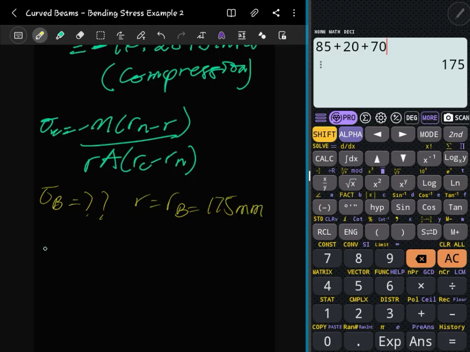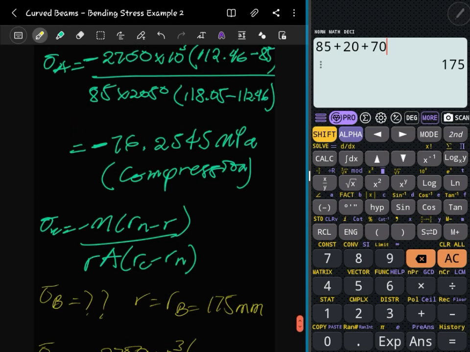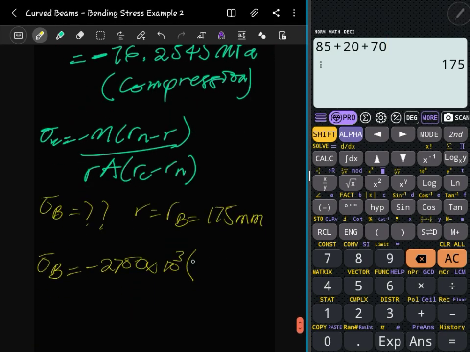So we have all that we need. Our stress at B will be minus 2700 times 10 power 3, and Rn is not changing, that's 112.46.